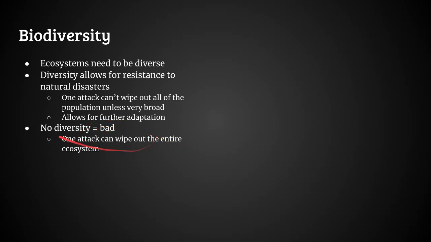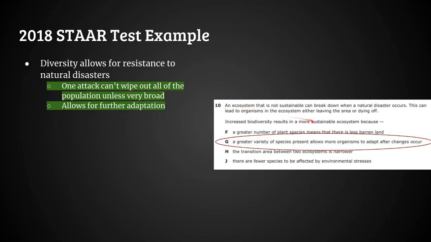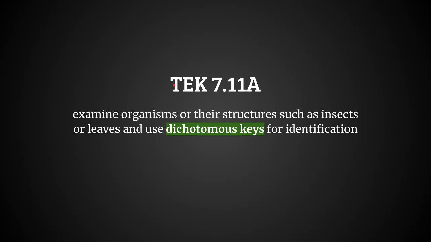And no diversity obviously means that one wipe and they're all gone. It talks about here, makes it more sustainable by adding a greater variety of species, which allows it to adapt after changes occur. So further adaptation, and it protects the ecosystem.